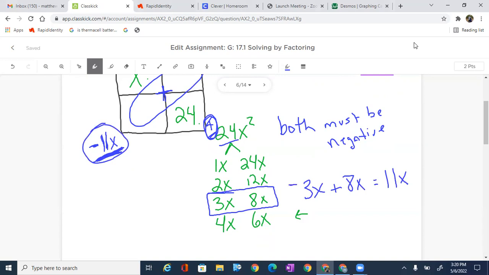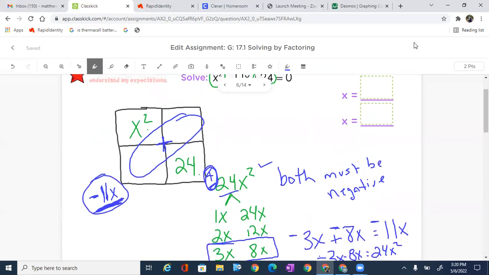Well, if I put a negative on both of these, guess what? Negative 3x plus negative 8x is negative 11x. Oh yeah, and check it out. Negative 3x times negative 8x is positive 24x squared. That's what we're looking for right there. So those must be our numbers. So I'm going to put those in. Negative 3x and negative 8x.